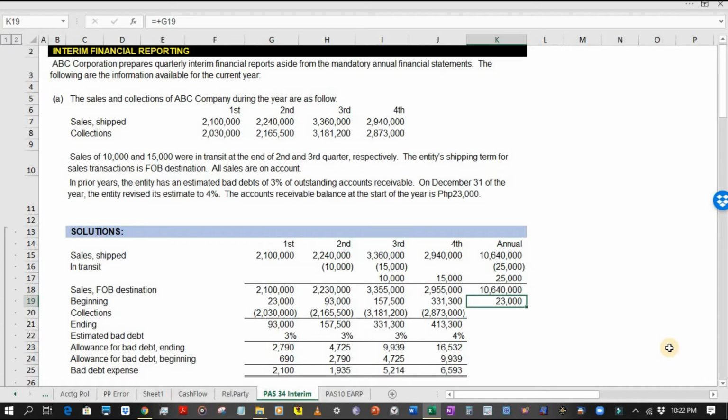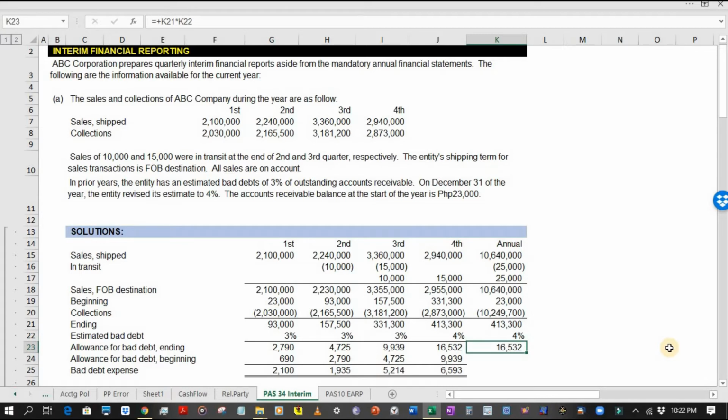And the collections made during the year, which means this is the total of all collections from all quarters, is 10,249,700 pesos. So our ending balance is similar also to that of the fourth quarter. So that is 413,300 multiplied by the revised estimate, which is 4%. So our ending balance should be 16,532.